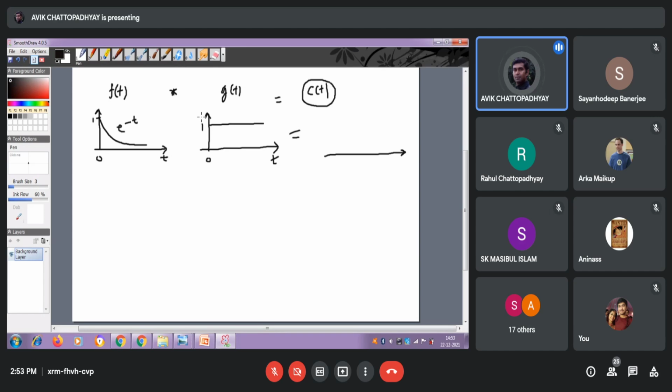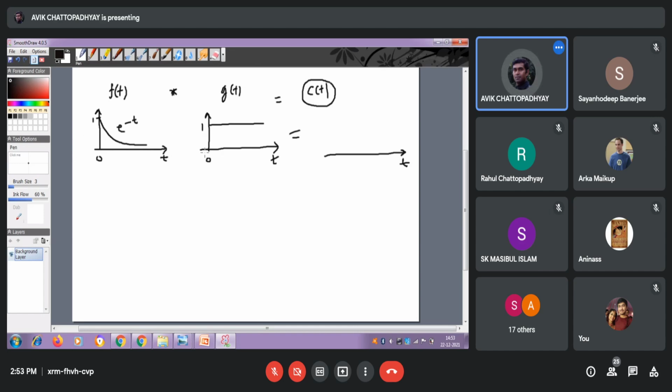But just after flipping there is no common region, so the result will give you 0. That means suppose CT will have a 0 value for t equals to 0. So just to think, you just flip this, or you may flip this one also.